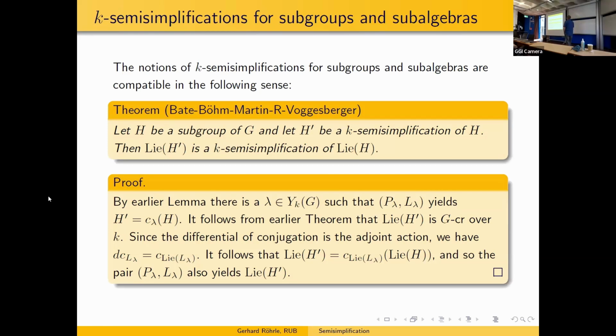So I have d of c_lambda is simply this pushing into the Lie algebra of L_lambda. Therefore the Lie algebra of H prime is just the image under this pushing of the Lie algebra of H. And so the same pair also yields the semisimplification.